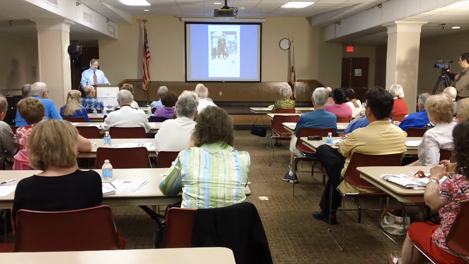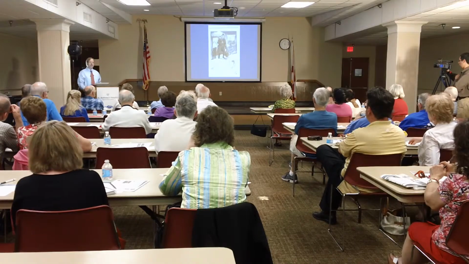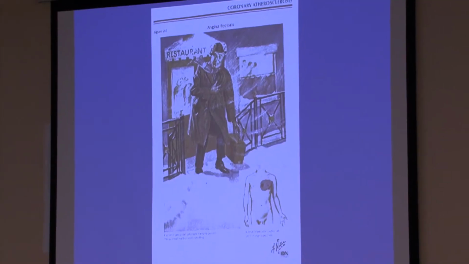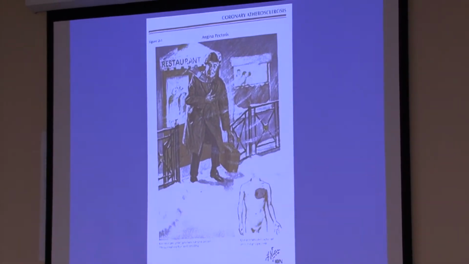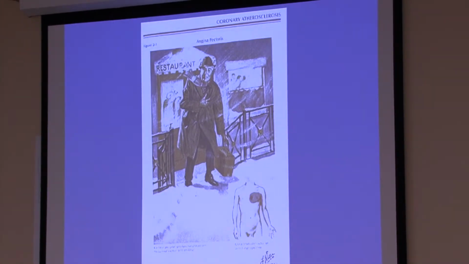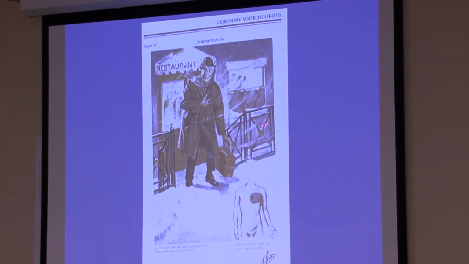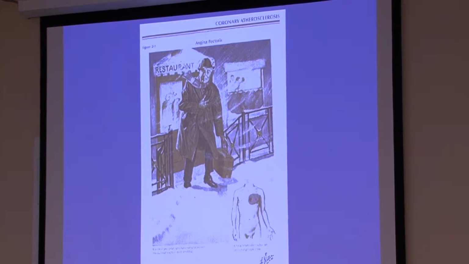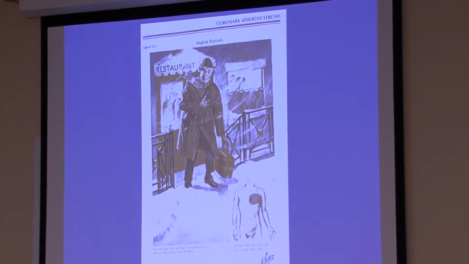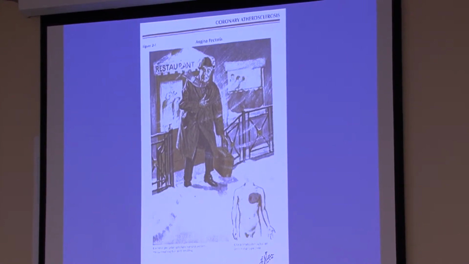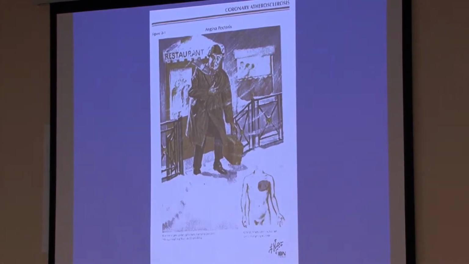Now, this is a slide that my cardiology professor showed us in medical school. So this is an old-timey one, but I still like to show this for a couple of reasons. Number one, when I see that look on a person's face in the emergency room, I know that there's a very high probability I'm dealing with the real thing. This person is really sick. And the second thing is that the artist has given a nice summary of the risk factors.